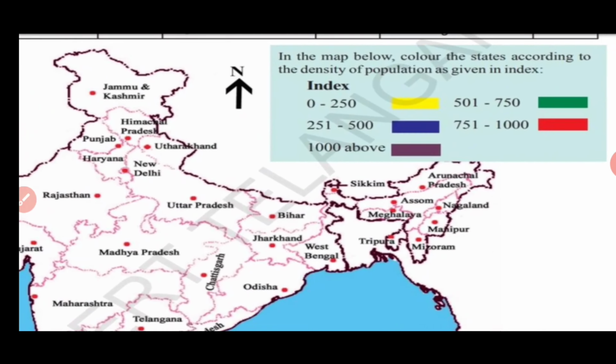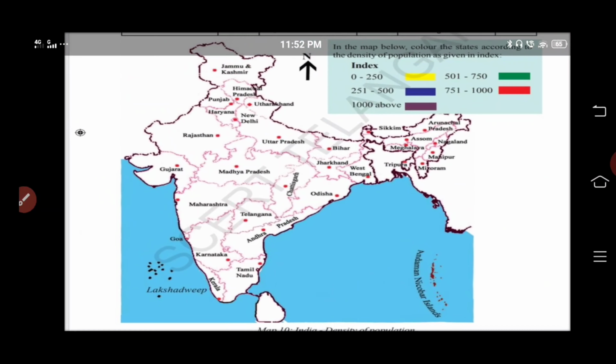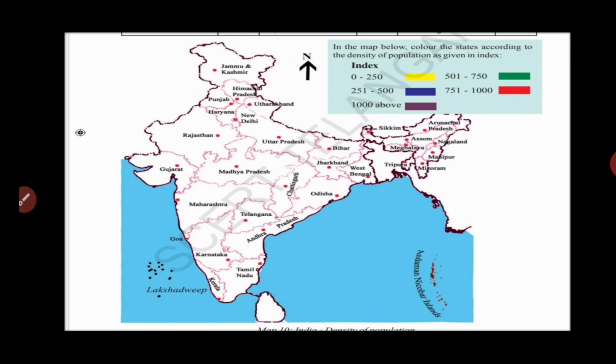Understood, my dear? So this is a task for you. All of you complete this, and it is a part of our project work. Understood? So take the measurements, take the example of this tabular information, and take the colors exactly, and all of you draw this India map and states and color according to the density of population table.